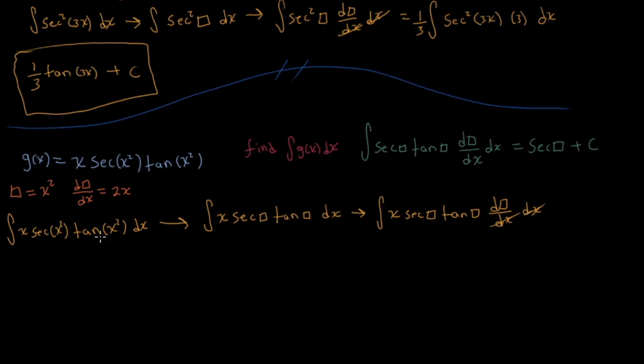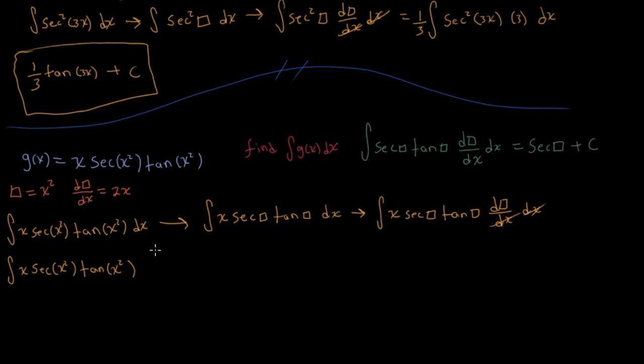When we put the numbers back in, we get the integral of x times the secant of x squared times the tan of x squared times d box by dx, which is 2x.